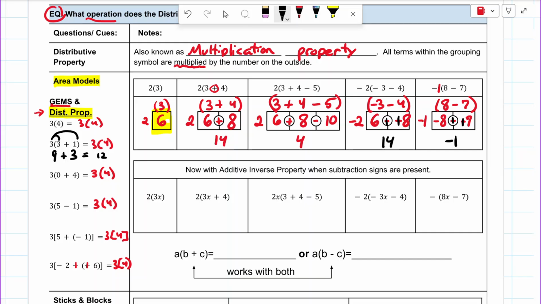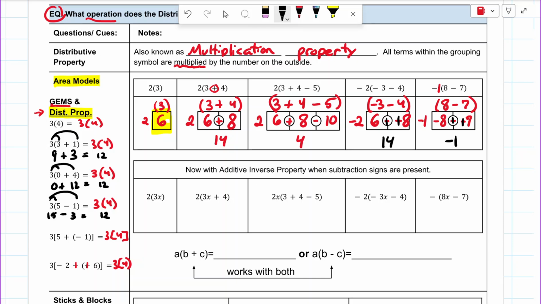Let's try it again. 3 times 0 is 0, and 3 times 4 is 12. And 0 plus 12 is 12. Then we have 3 times 5 is 15, and 3 times 1 is 3. Bring down that minus sign. And 15 minus 3 is 12.